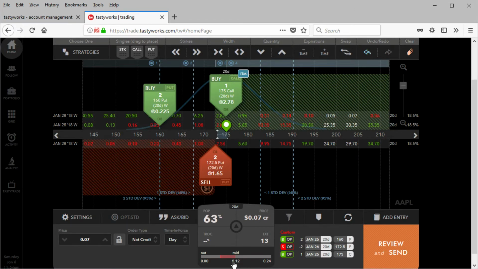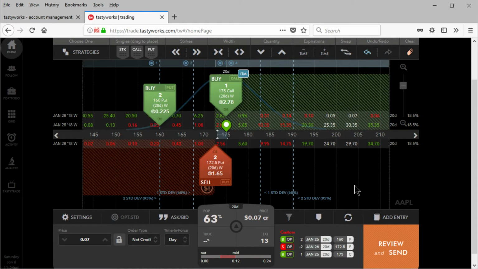Right now the mid is sitting at 12, and I guess Tastyworks is using the lower and the mid, and calculating the middle of that. I have no idea how I came up with the 7 cents credit here, but for now we'll just go with that for illustration purposes.